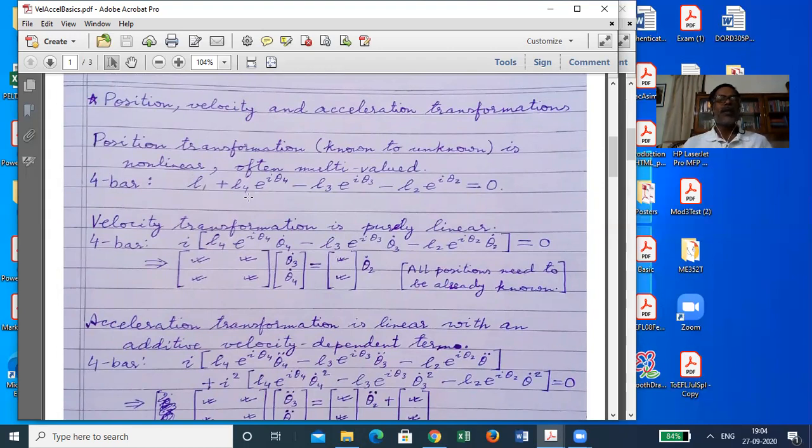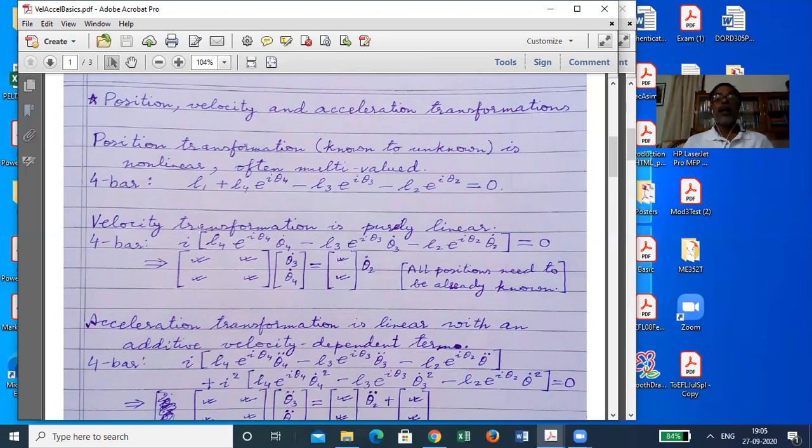From here you get L4 e to the power I theta 4 into I theta 4 dot, minus from here you will get L3 e to the power I theta 3 into I theta 3 dot, and similarly a term from here. In each of them I happens to be common, but that is not an issue. So you get it like this.